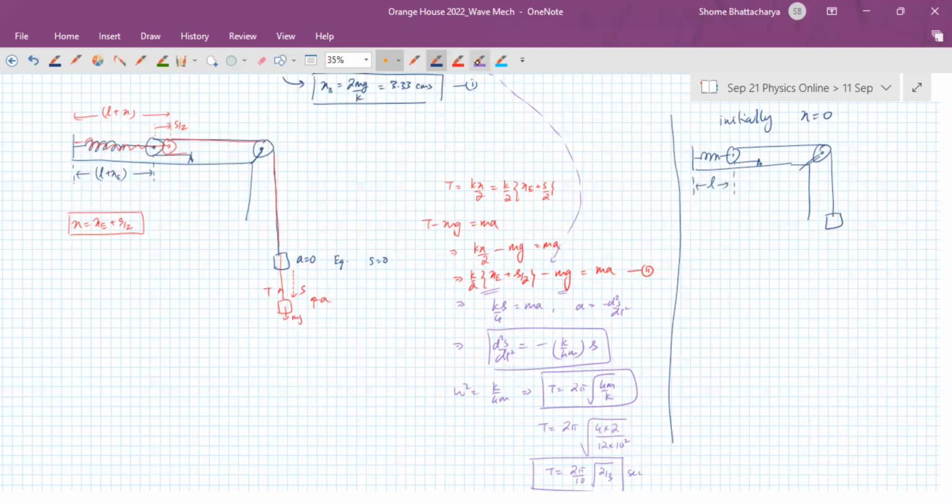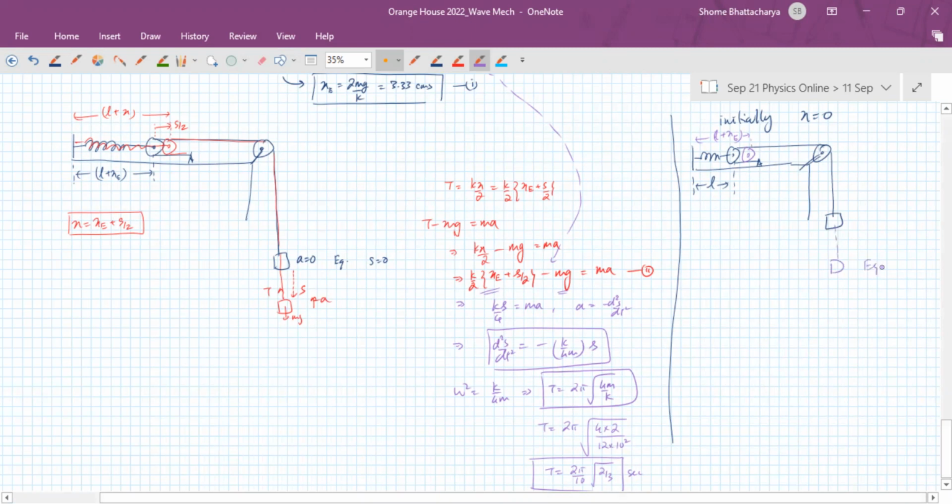So if you compare this with the mean position, or equilibrium position, so you can see that this displacement is 2 times x.